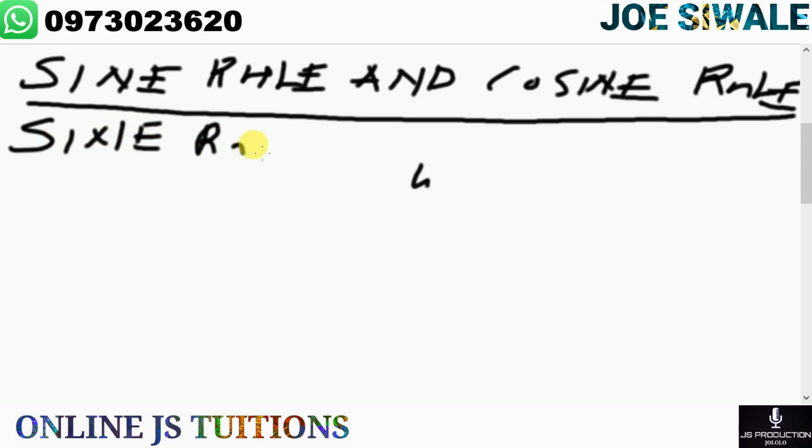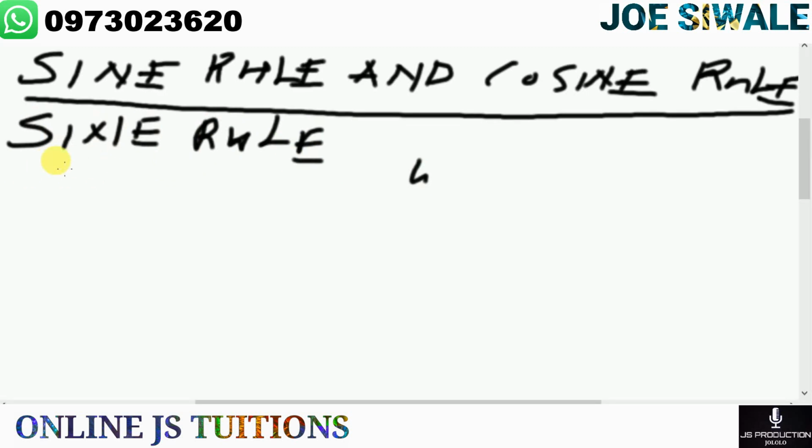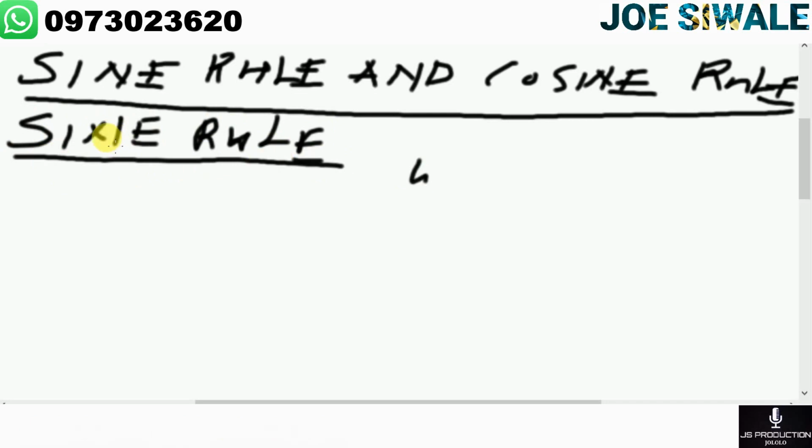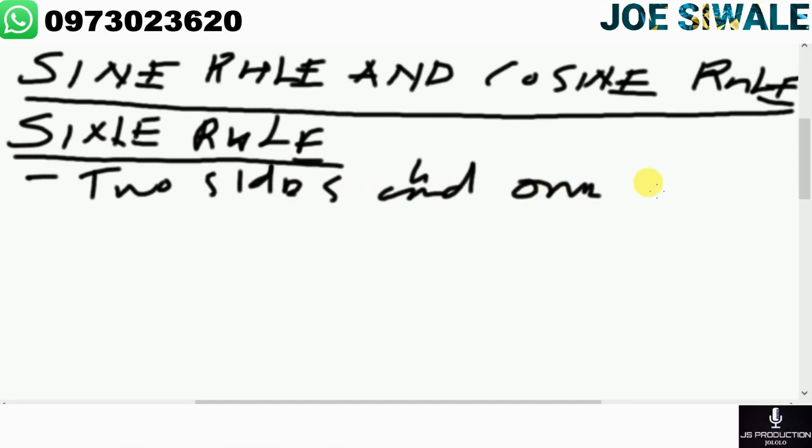So you use the sine rule when you have been given two sides and one angle. That's when you use the sine rule.